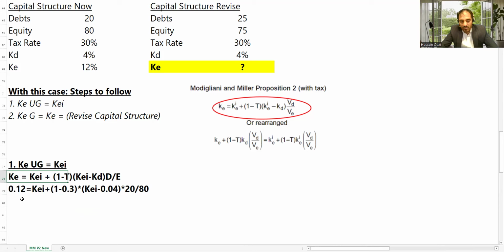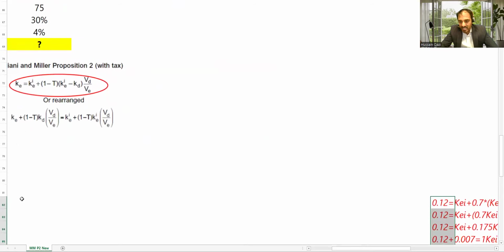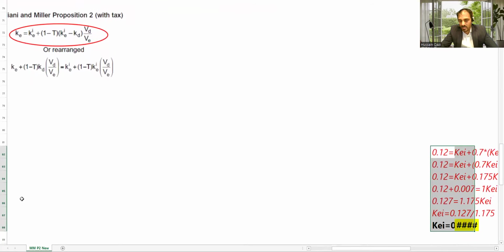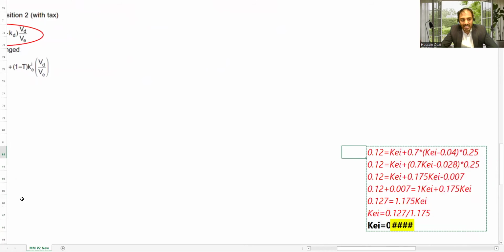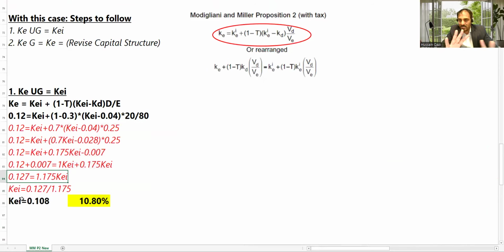Any student who wants to calculate KEI has to follow these algebraic steps. That is the old method, you have to follow the rearrangement, the algebraic methods. Some students do this calculation manually.